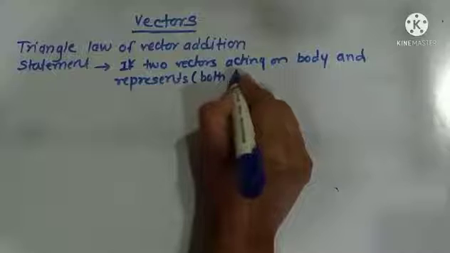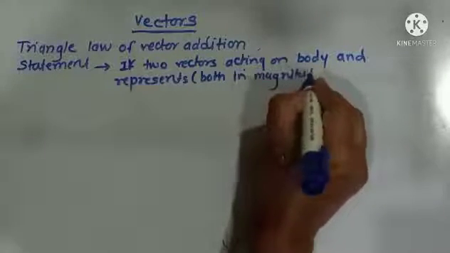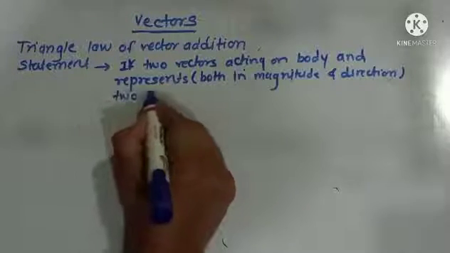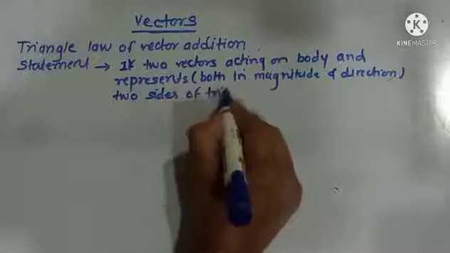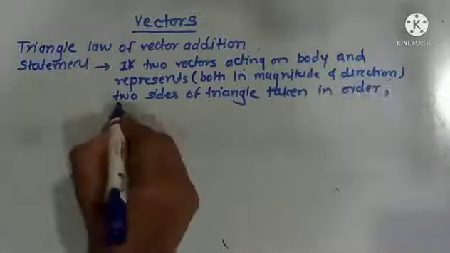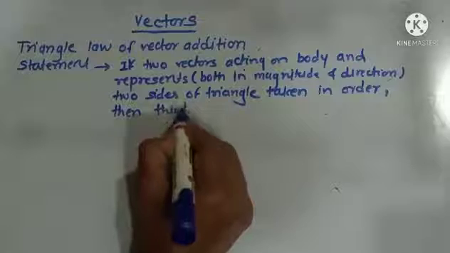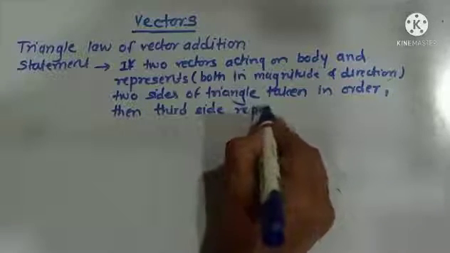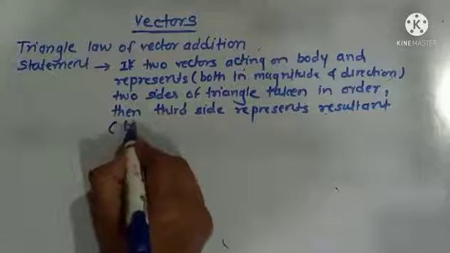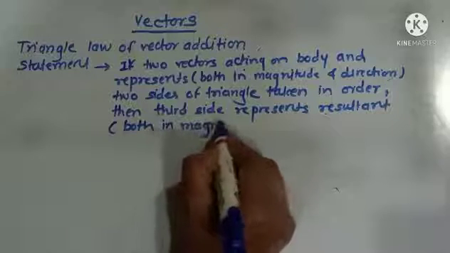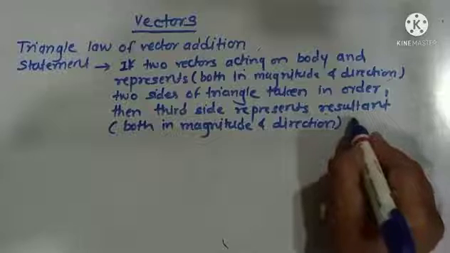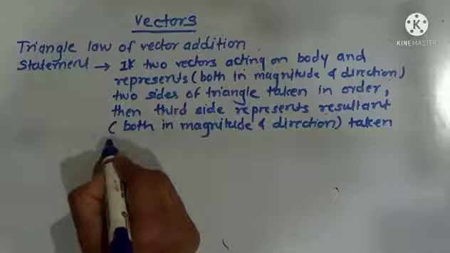Represents both in magnitude and direction two sides of a triangle taken in order, then the third side represents the resultant, this also both in magnitude and direction, taken in opposite direction.